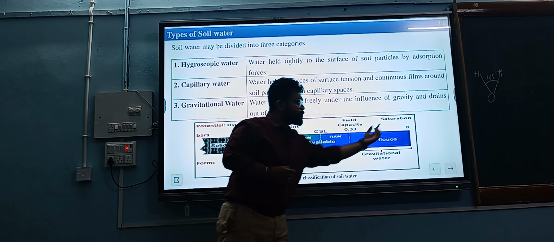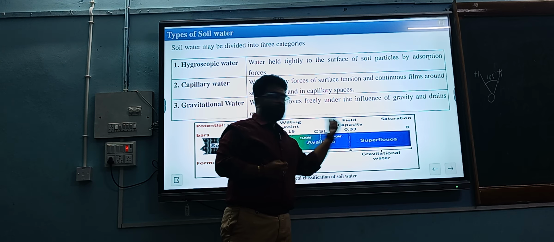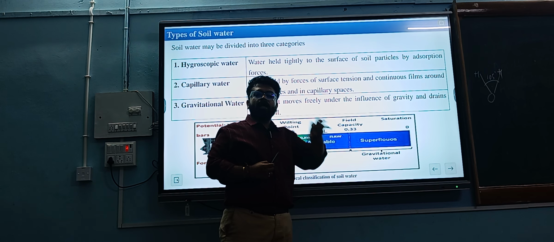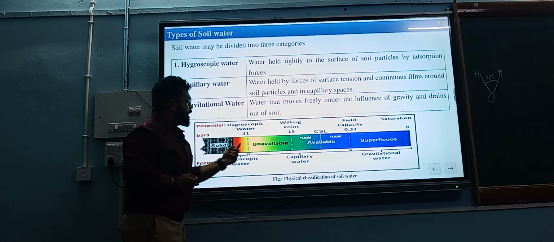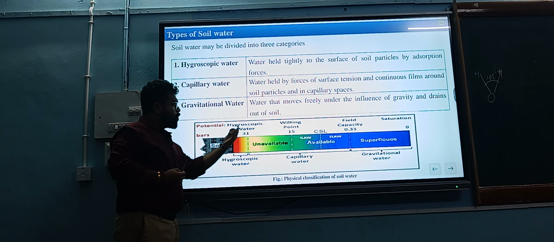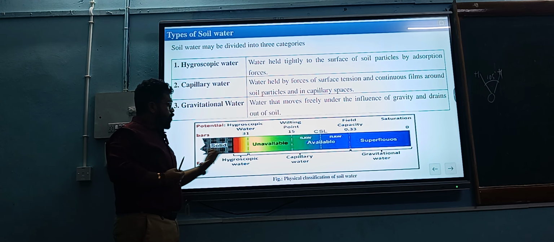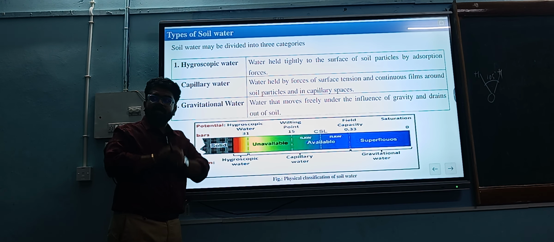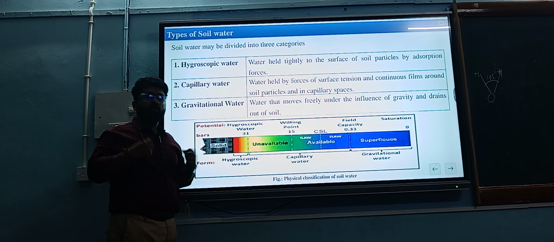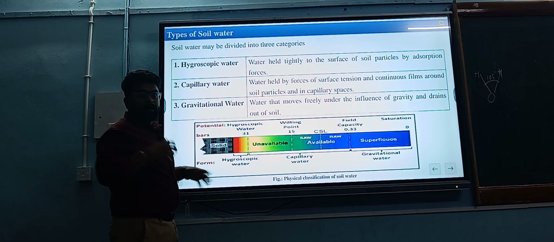The water present between saturation and field capacity is superfluous. It flows under the influence of gravity, so we call it gravitational water. And the water beyond that is hygroscopic water, which is present in a tight form with the soil and is very hard for the plant to absorb.